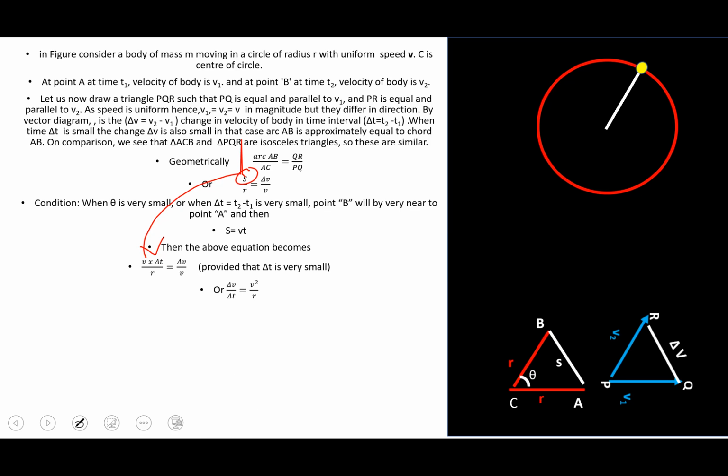Now in this case we have delta V over delta t, or we can say V square over R. So how can we prove it?